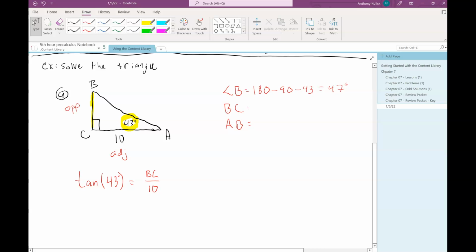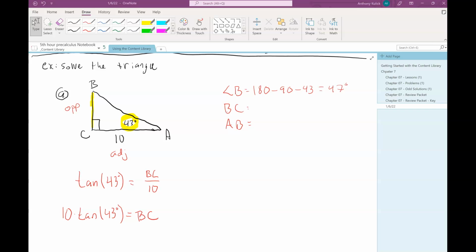Very good. Yeah, we'll multiply both sides by 10. That'll get the BC by itself. Everybody happy there? And now it's calculator time. So I'm going to type in 10 times tan 43 into my calculator.